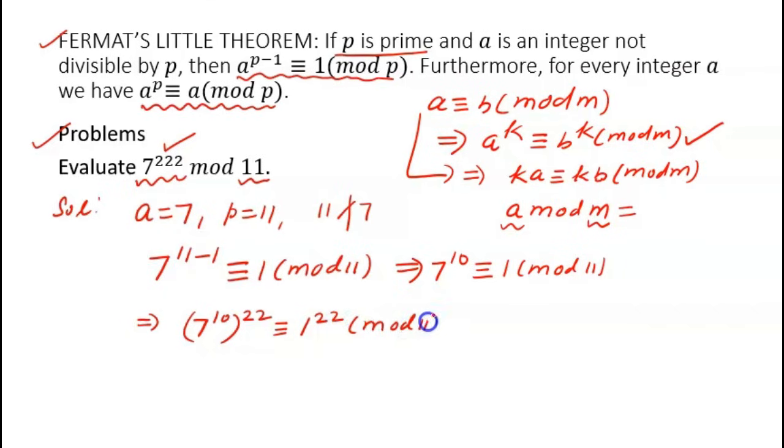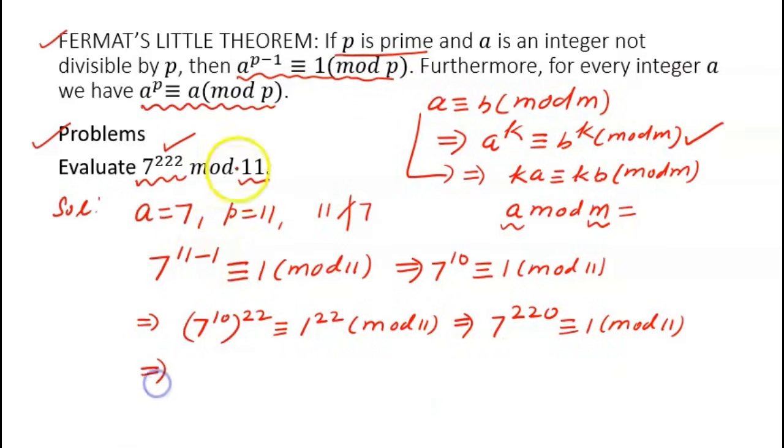The reason being that I want to make it 7 to the power 222, but because we have 10, we can't make it 222, but certainly we can make it 220 by taking the 22nd power. So this will give me 7 to the power 220 is congruent to 1 mod 11.